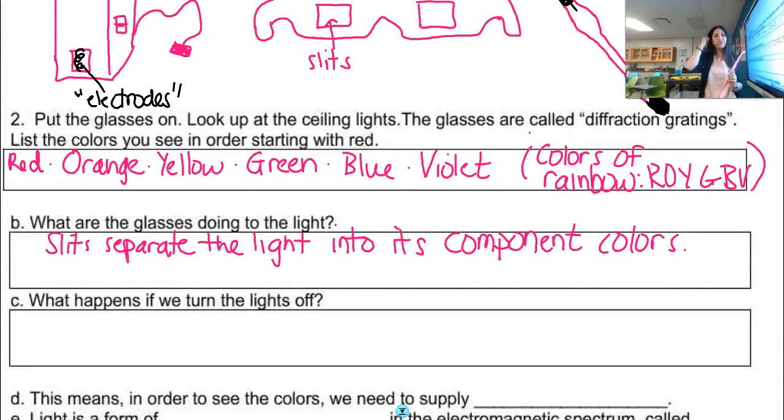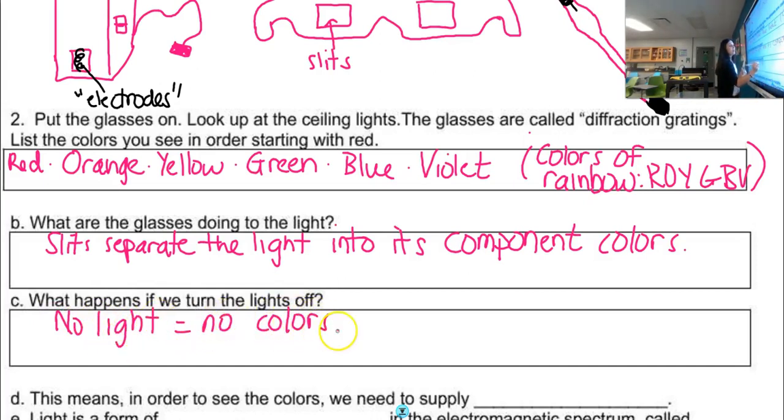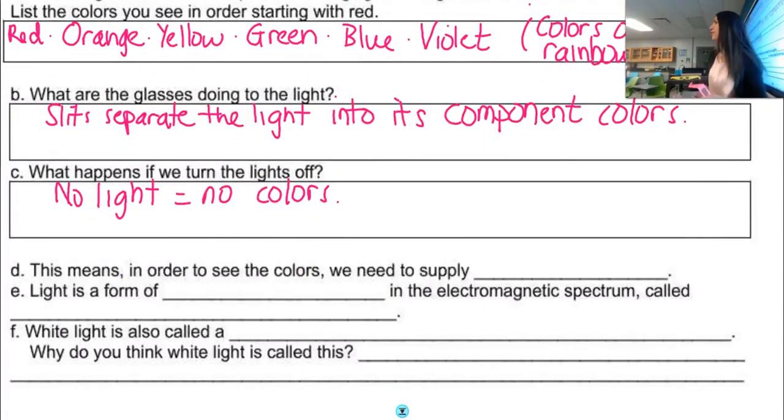Okay. What happens if we turn the lights off? When we turn the lights off, did you see the colors anymore? No. No light, no colors. No lights equals no colors. Which means we actually need to supply what in order to be able to see the colors? In order to see the light, what do we need? We need energy.